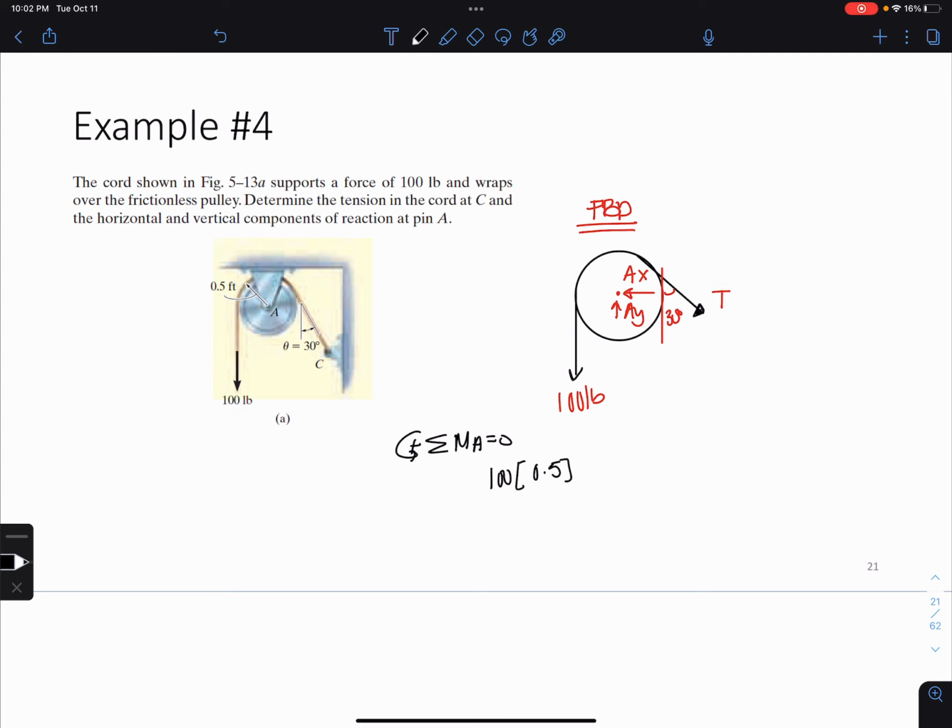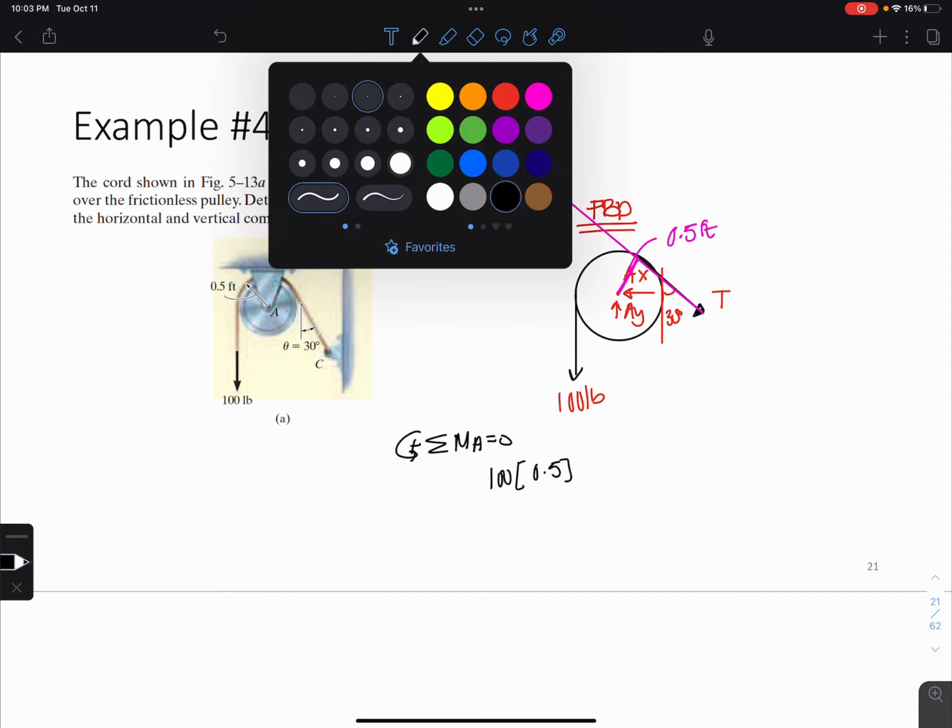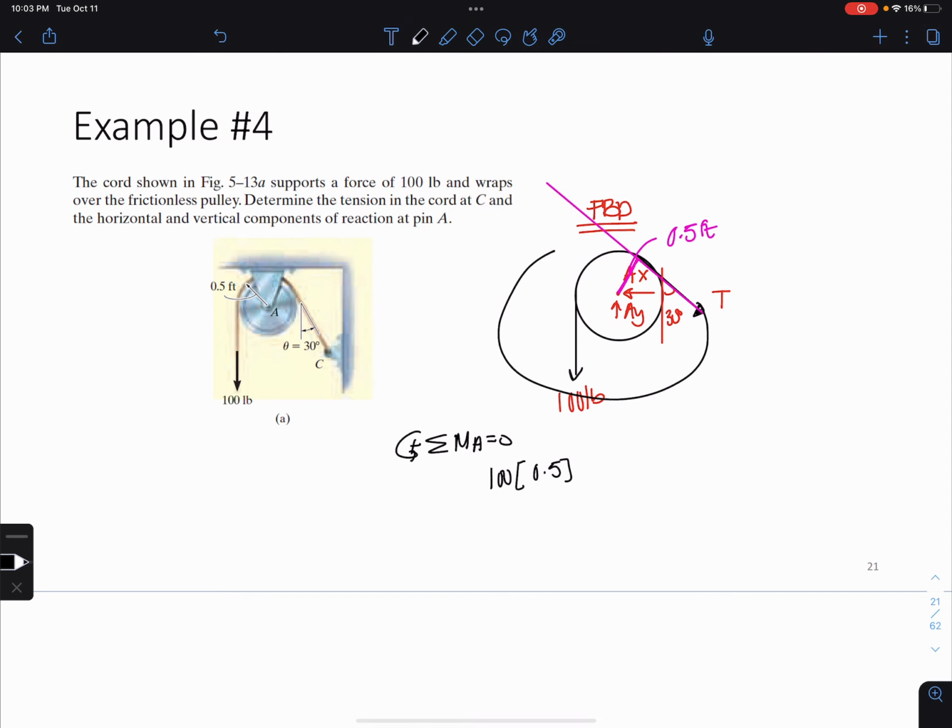And then the T here, if I draw a line through the line of action of T, you can see that it always acts 0.5 feet away. And it's rotating around point A clockwise. So I'm going to get minus T times a moment arm of 0.5 equals 0. So T is basically the 100-pound tension in the cable.